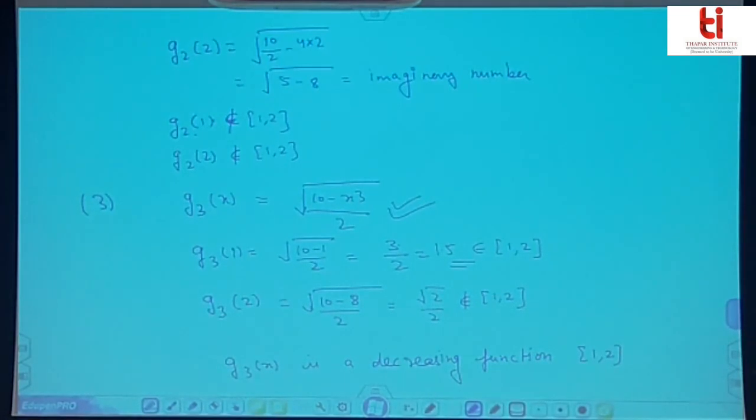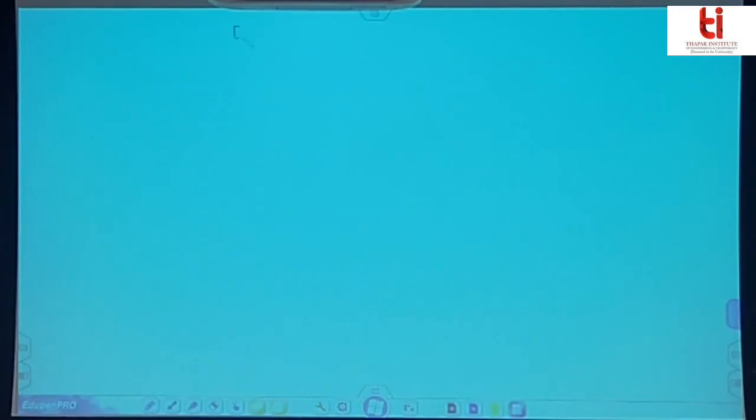So what we can do, we can check in which interval the condition is satisfied. Let us shrink the interval to 1 to 1.5 and check the condition. g3(1.5) is coming out to be 1 by 2 under root (10 minus 1.5 whole cube).